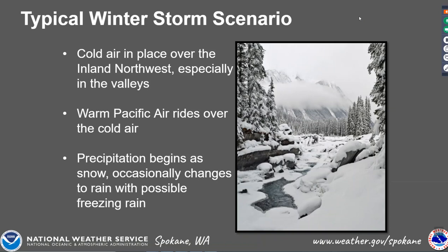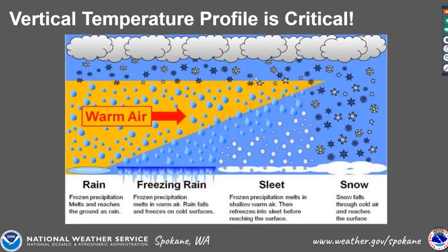That warm air carries a lot of moisture with it, and then it precipitates. And as it falls through that cold layer, the precipitation falls as snow. We also have the potential for freezing rain or sleet as well, and we'll talk about that. But that's a typical scenario that we see across our area.